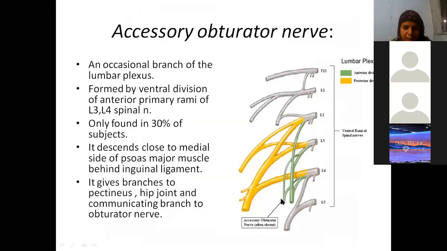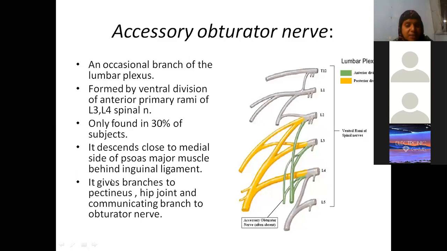Sometimes there may be an accessory obturator nerve also. Root value is L3 and L4. It is an occasional branch, present in 30% of subjects, descending close to the side of psoas major. Do you remember the iliopsoas insertion? Psoas major and iliacus together, they go hand in hand, best friends. Where do they get inserted?